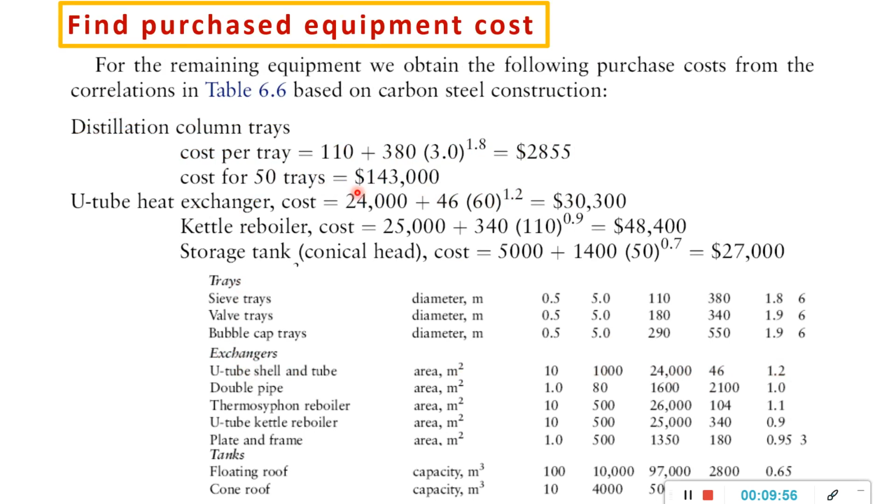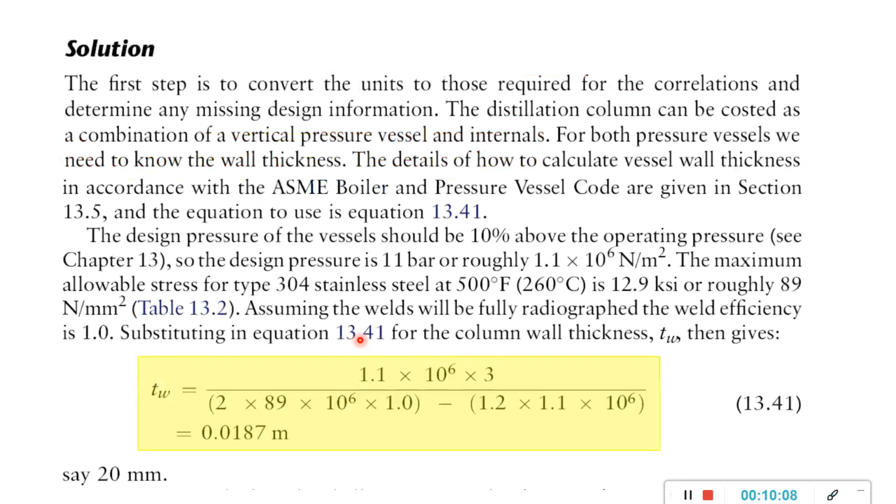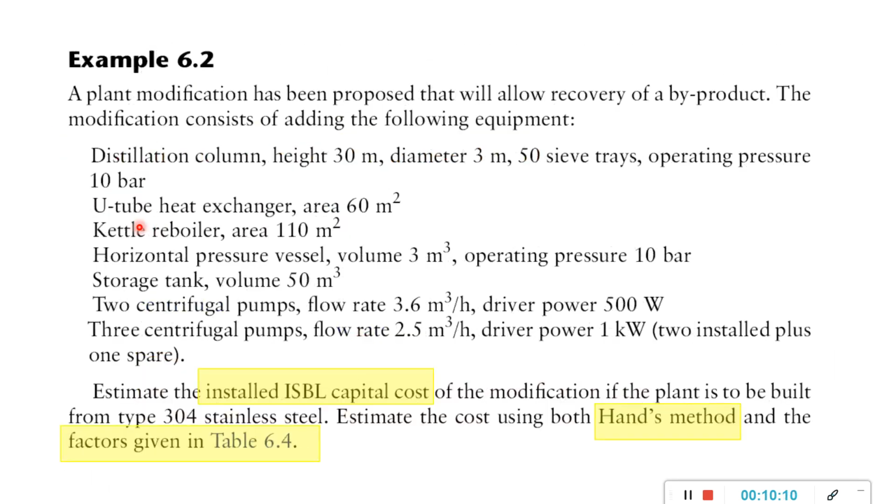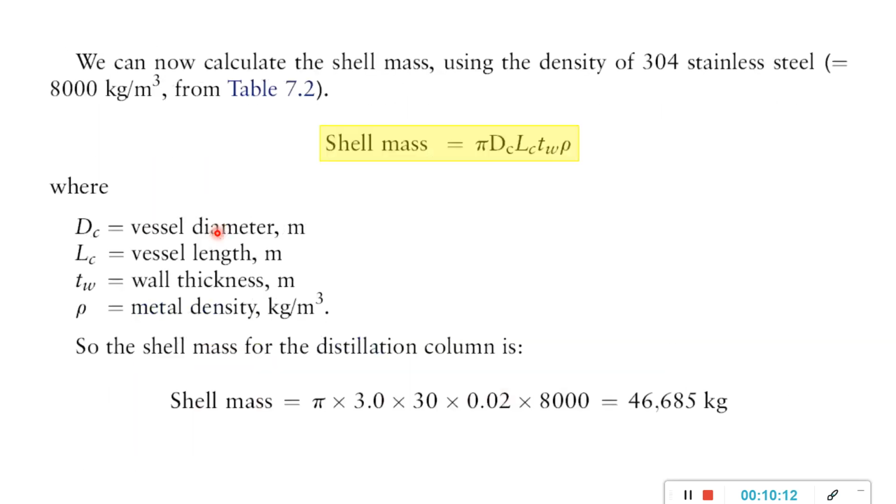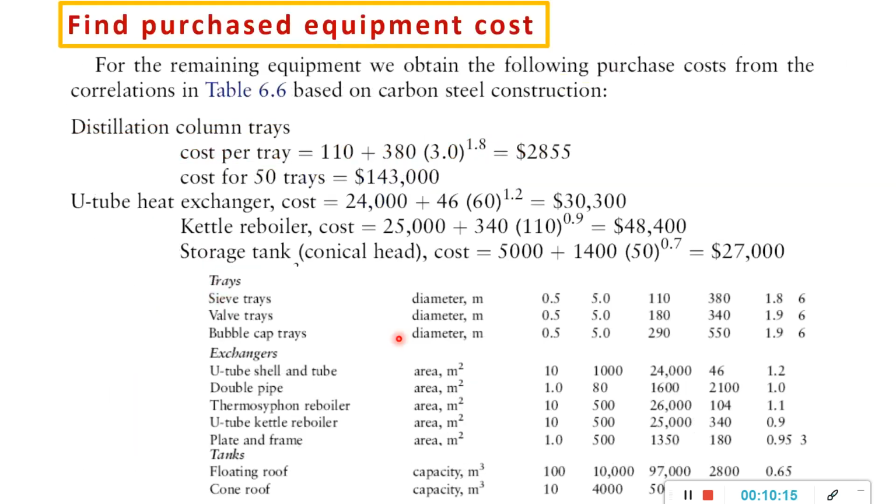Same with the boiler. In the list they have the kettle boiler, which is the nearest one. We check the list first, it only mentions kettle boiler, so we can pick this kettle boiler, which has an area of 10 to 500 meter square, and our boiler surface area is 110 meter square.